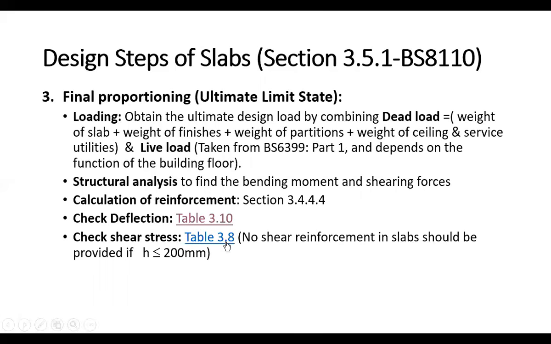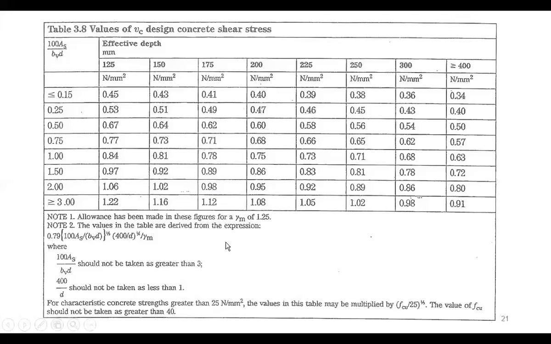So what is table 3.8? Let's go and see this table. It is similar to the table used for beams. The main equation that we have here for the Vc, the shear carried by the concrete, equals 0.79 times, between brackets, 100 As divided by b_v d to the power 1/3, and times 400 over d to the power 1/4, divided by gamma m.